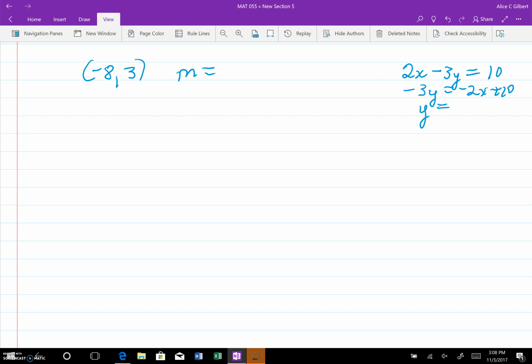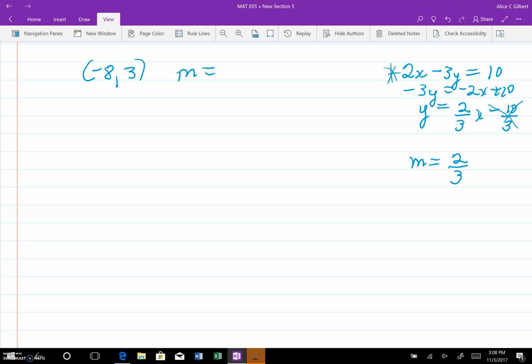Negative divided by negative is positive, so 2/3 x, positive divided by a negative. Okay, and again, I don't care about this. My slope here is 2/3, but this time the directions tell me that my line and this line are going to be perpendicular.